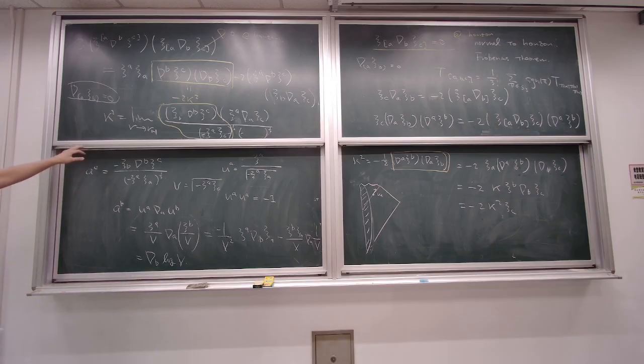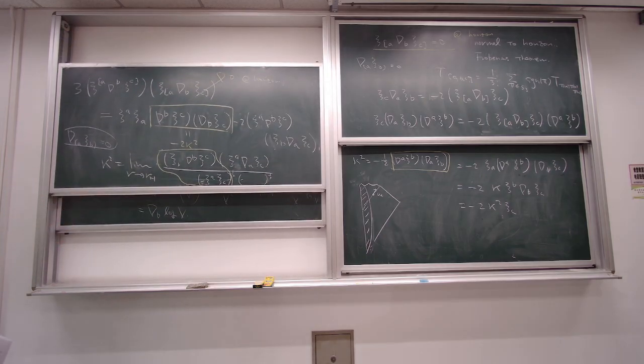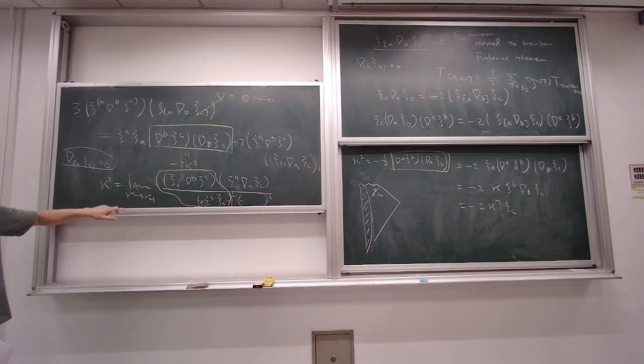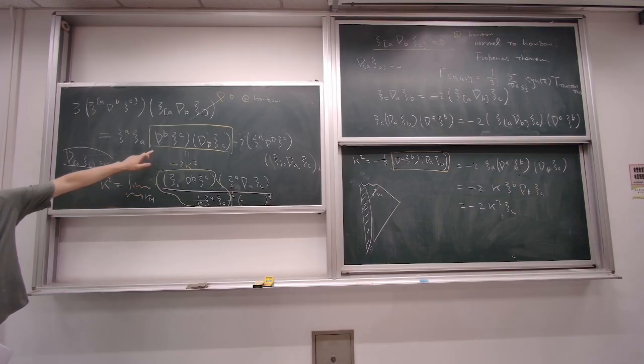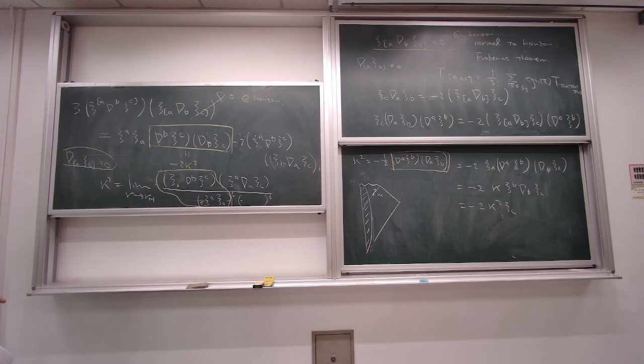For example, when you calculate the chi-square, like the definition, the first element in the numerator gives kappa times psi c.